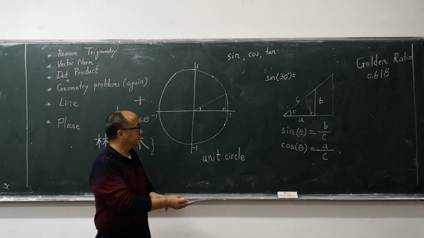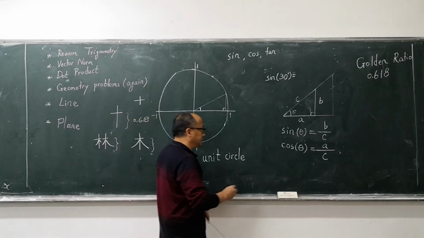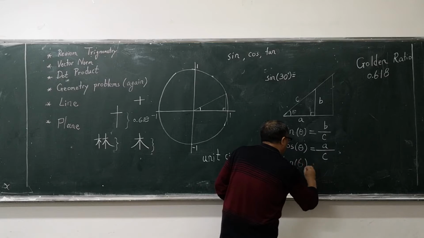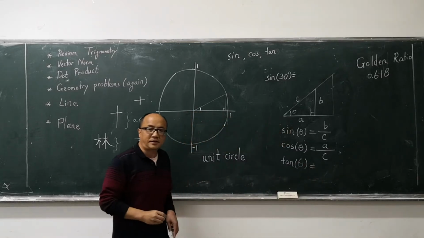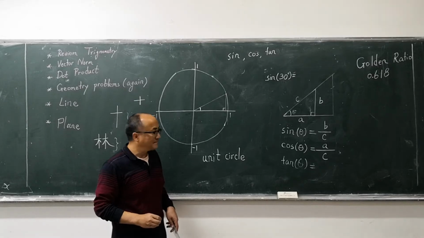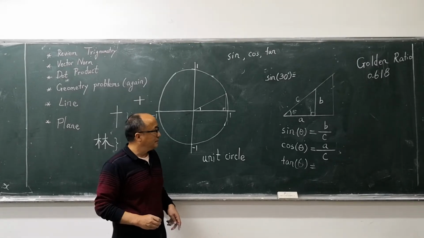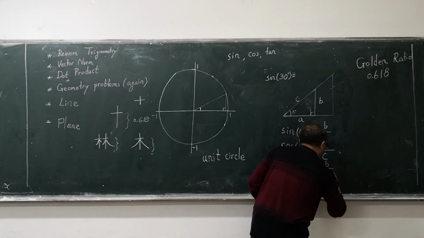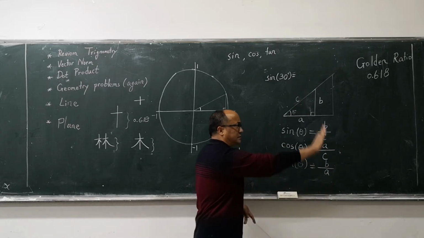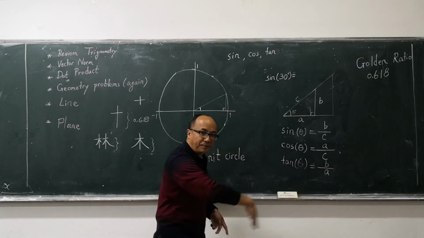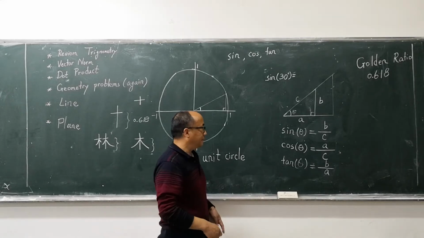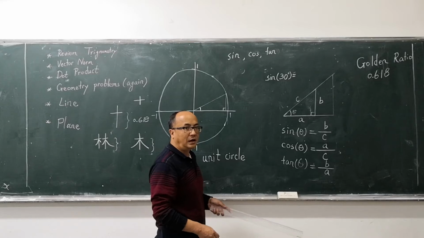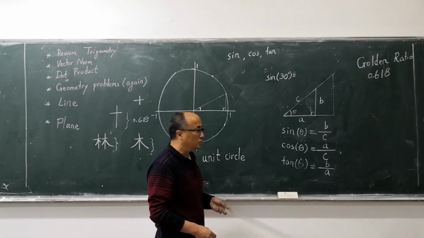And for tangent theta, what is this ratio? B divided by A is the screen divided by the floor. And here there's an important trigonometry rule.